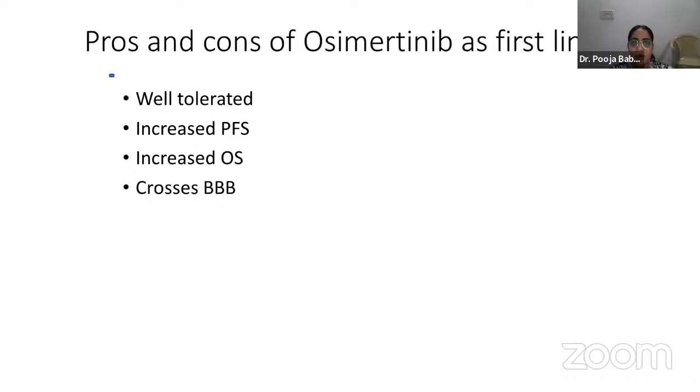It is a drug that we all know crosses the blood-brain barrier, and it also delays the emergence of CNS metastasis. Even for patients who have baseline CNS metastases, it prevents further progression with a hazard ratio of 0.47.